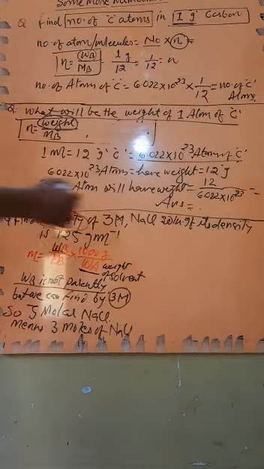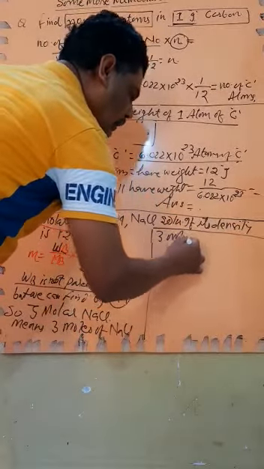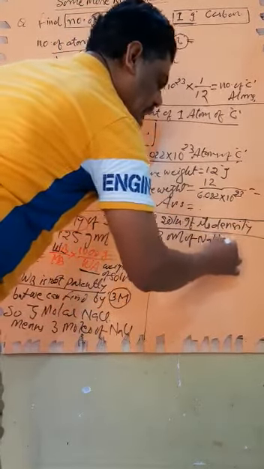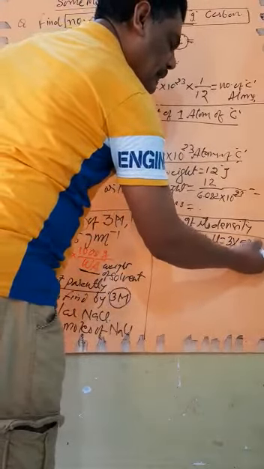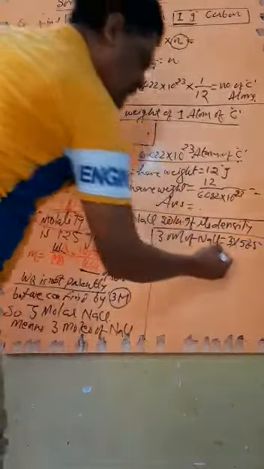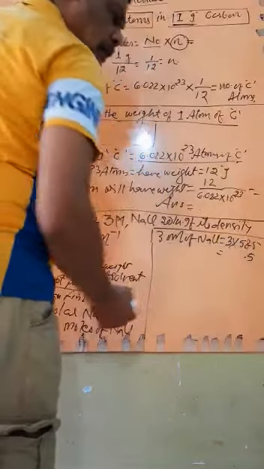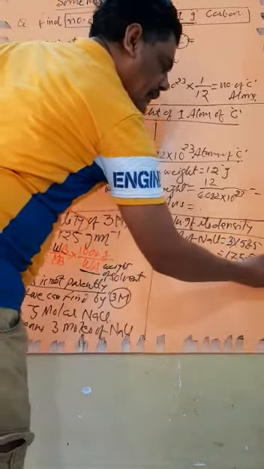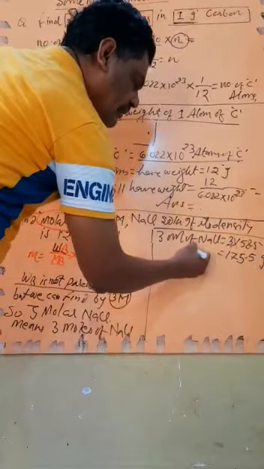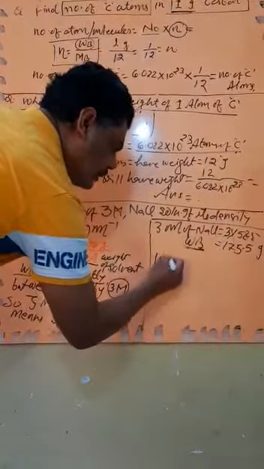Now 3 moles of NaCl is equal to 3 into 1 mole of NaCl, which is 58.5. So it is equal to 175.5. So here we get the weight of solute. Now how do we find the weight of solvent?